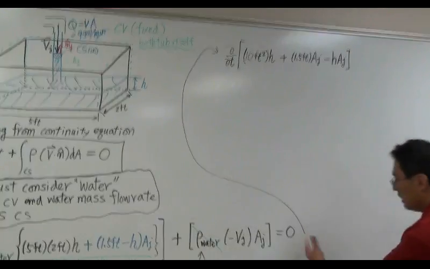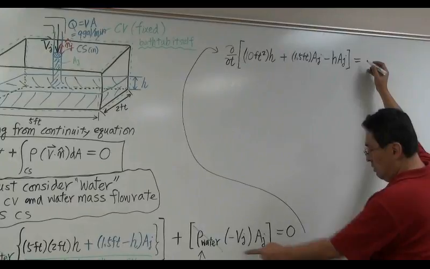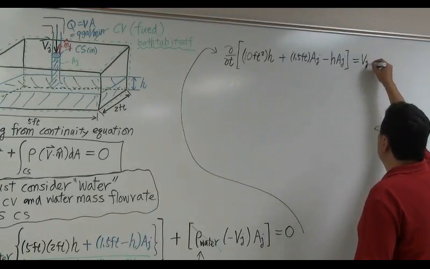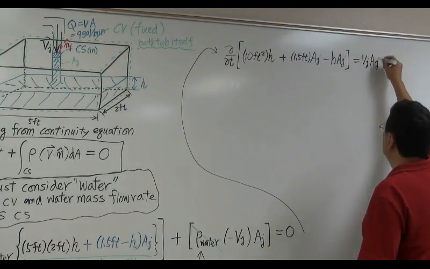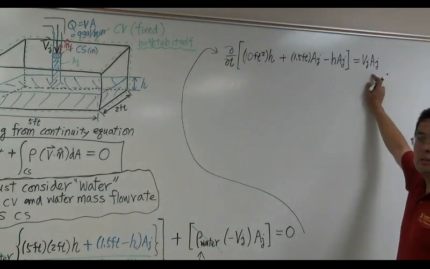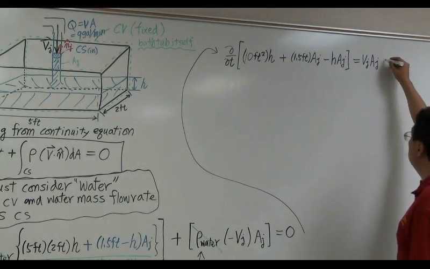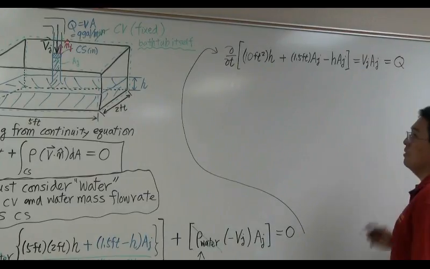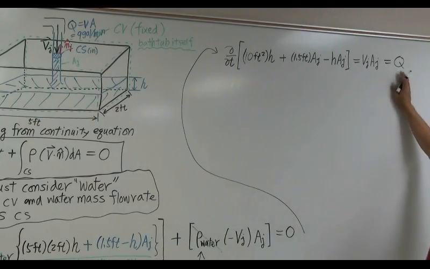This one, move it to the right-hand side, so it is equal to V_j A_j. By the way, velocity V_j multiplied by cross-section area A_j gets you the flow rate Q, which we know is 9 gallons per minute.